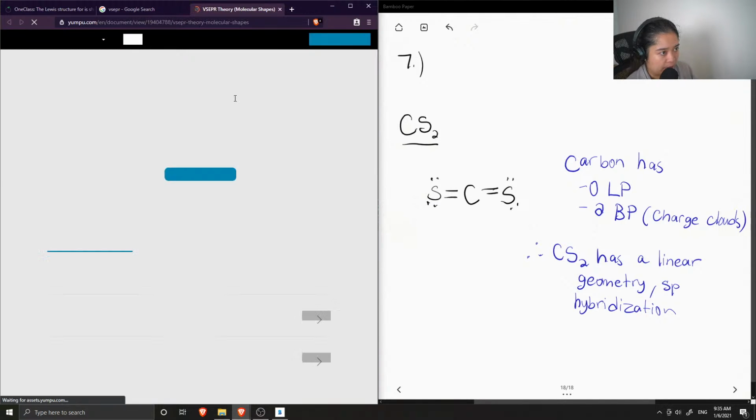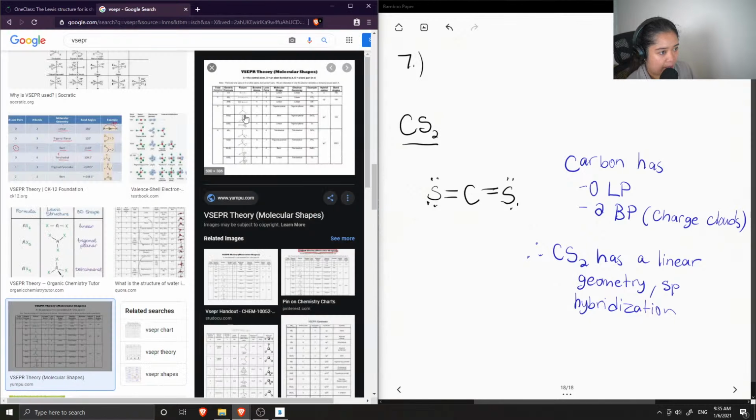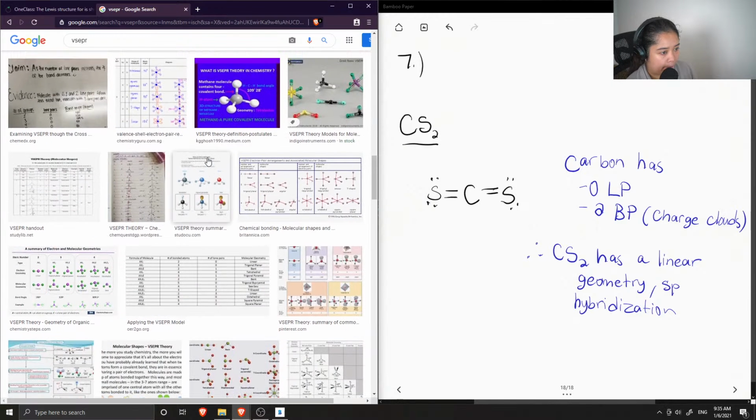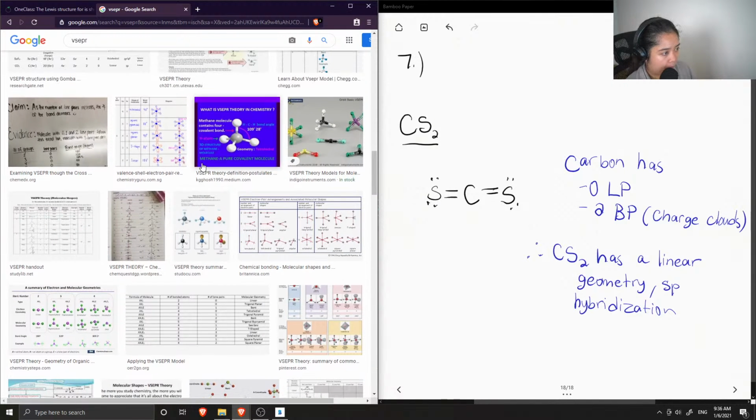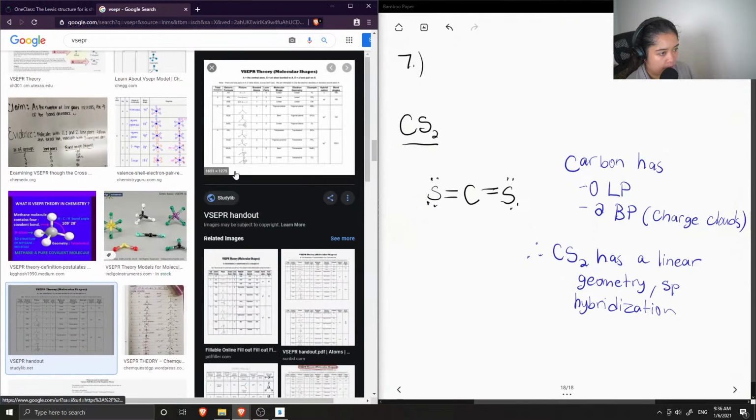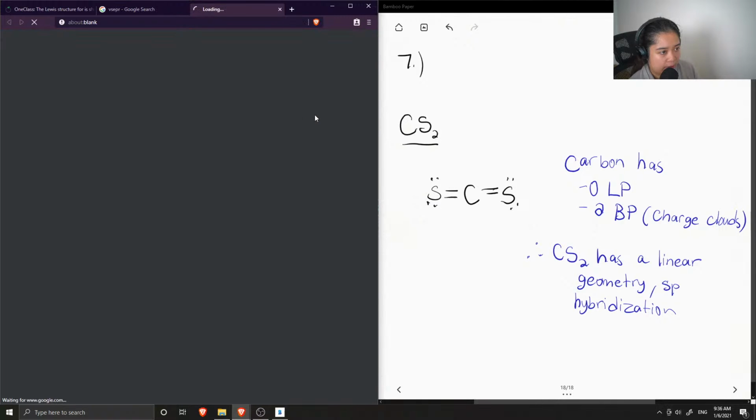It's just small. Yeah, so this is one of the good tables that shows almost everything. They show the bond angles, and they also show what type of hybridization it is. So it's pretty small.